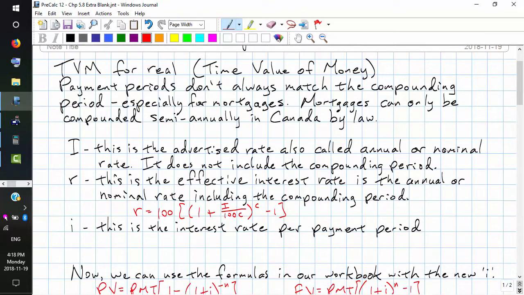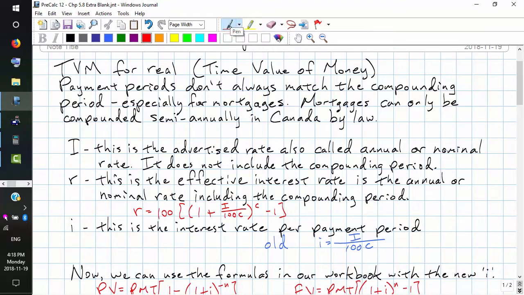I. This is the interest rate per payment period. Again, if you're using the formula in the book, this was simply I equals the interest rate in percentage divided by 100C because the two matched, the payments and the compounding matched.